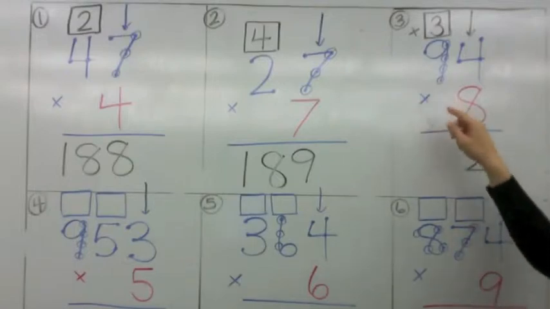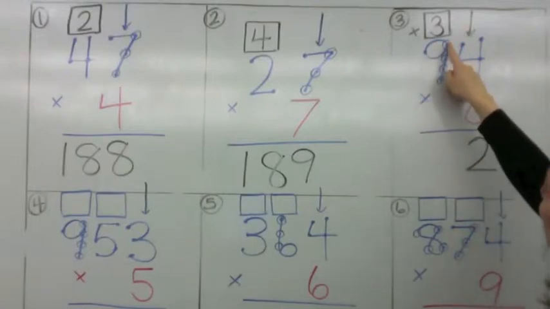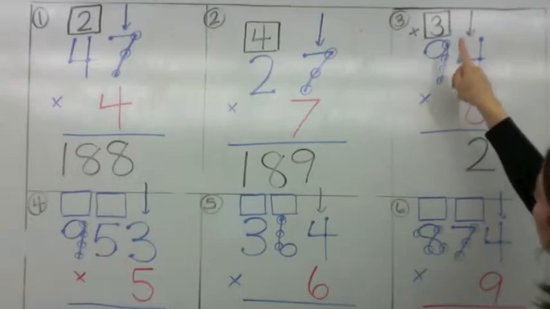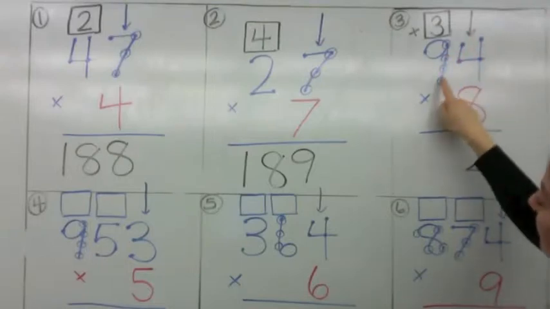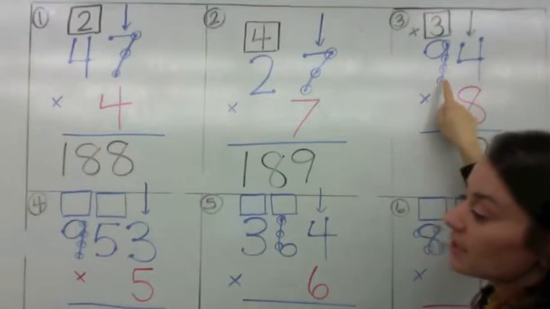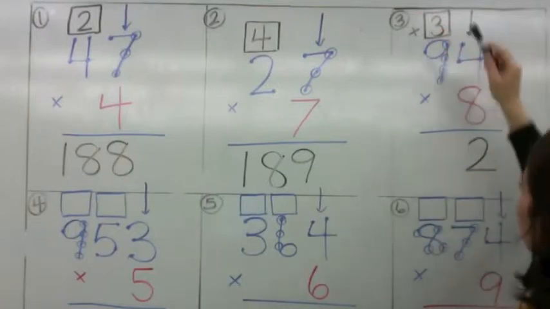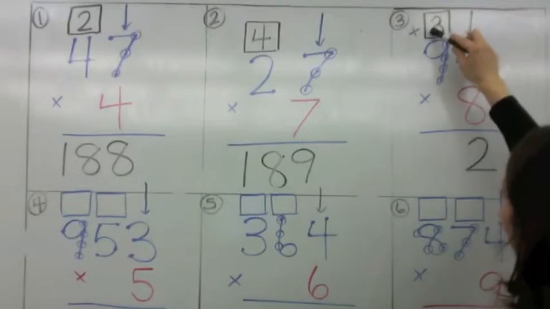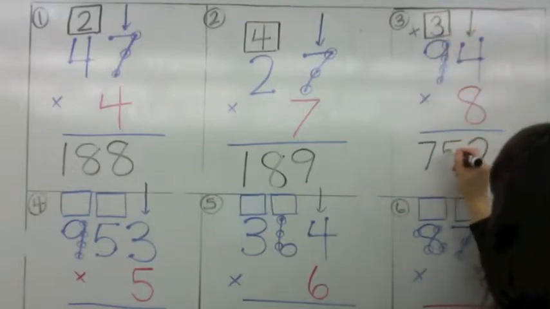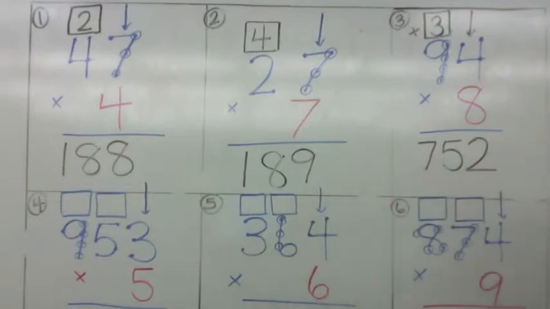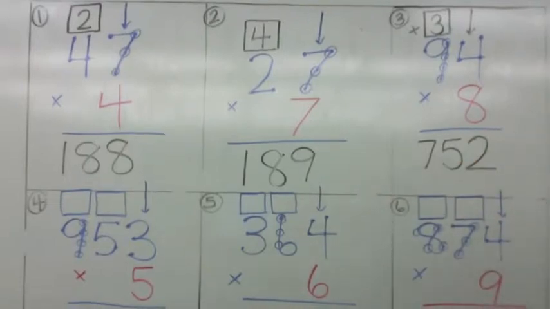So 8 times 9 is going to be 8, 16, 24, 32, 40, 48, 56, 64, 72. 72 plus 3, 73, 74, 75. Okay, so that answer is 752. Go ahead and get that down.